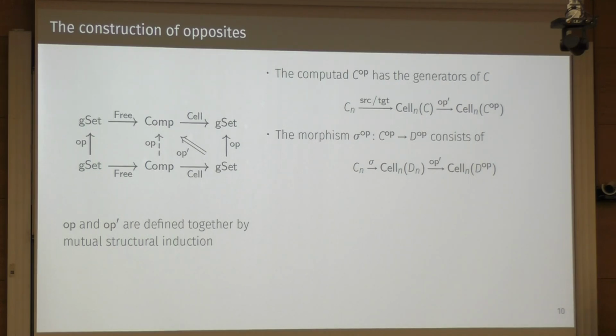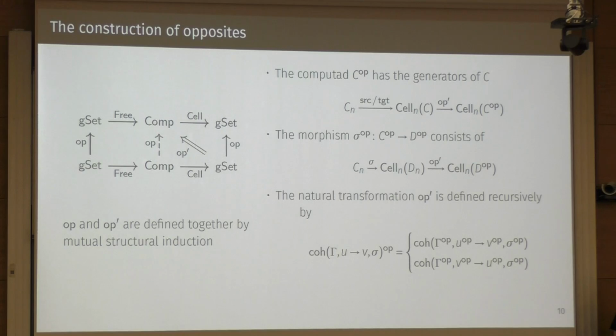To form the opposite, we compose with the natural transformation of prime. And we define the natural transformation of prime to be the identity on generators, and to swap a composite over a pasting diagram to give us a composite over the opposite pasting diagram, with either the same source and target or the opposite source and target, depending on whether this is one of the directions that we want to invert or not.